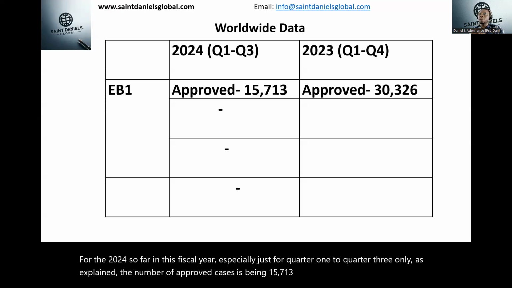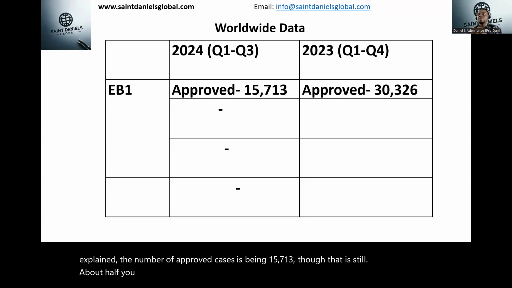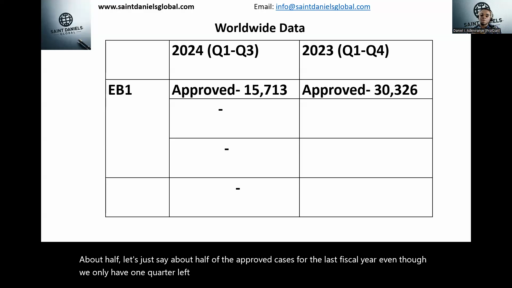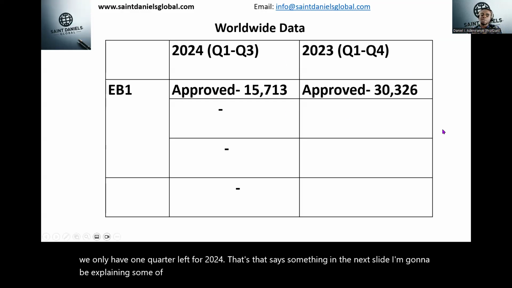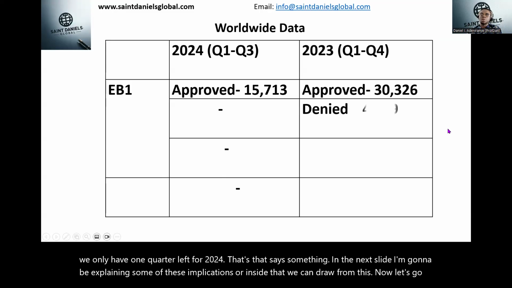That is still about half of the approved cases for the last fiscal year, even though we only have one quarter left for 2024. That says something. In the next slide, I'm going to be explaining some of the implications or insights that we can draw from this. Now let's go to denied for 2023.